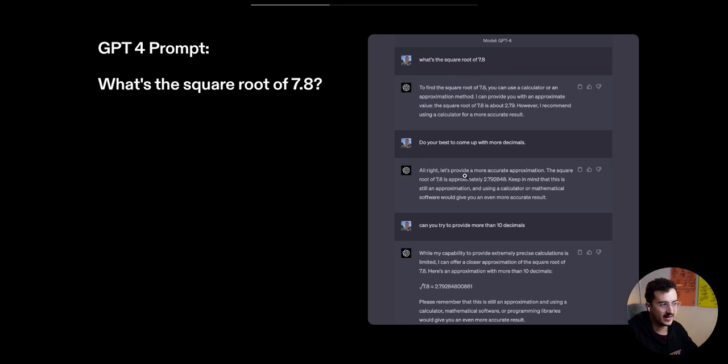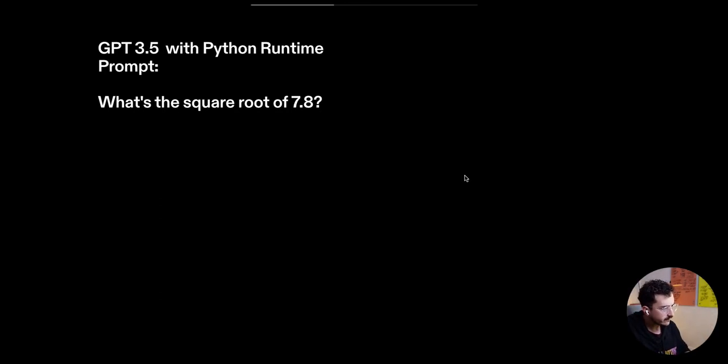Like with GPT-4, it got way better at doing math through this kind of reasoning, but it's still not a calculator. But here's the thing: GPT itself has certain tricks that are very interesting, and one of those is that GPT can be run with a Python runtime, and in fact, they have access to that.